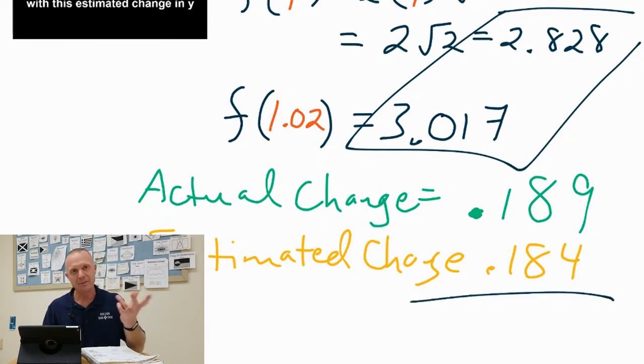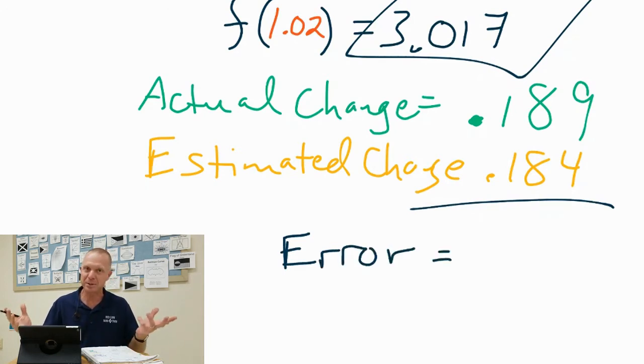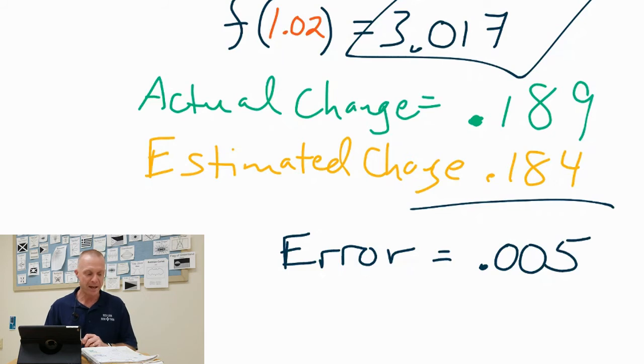And I'll tell you that it really doesn't matter if it comes out positive or negative, because what we typically call this is the error. And the error, being the comparison between these two numbers, is just the absolute difference. So if you subtract these numbers, you get 0.005. And I'll tell you that that's supposed to come out to be a small value. It did, but of course that's just kind of relatively speaking.